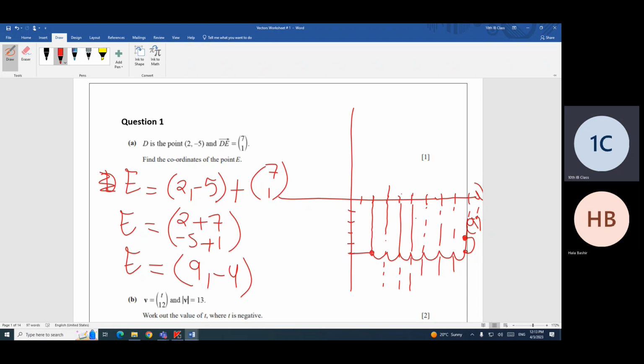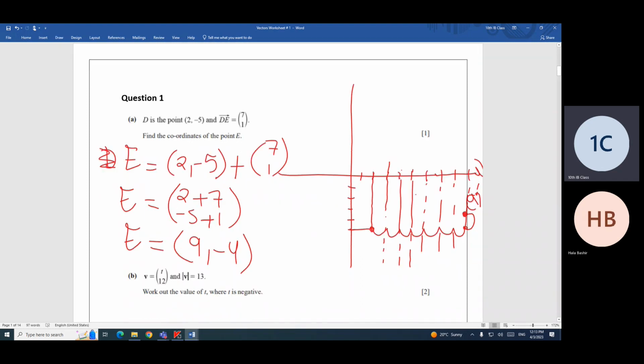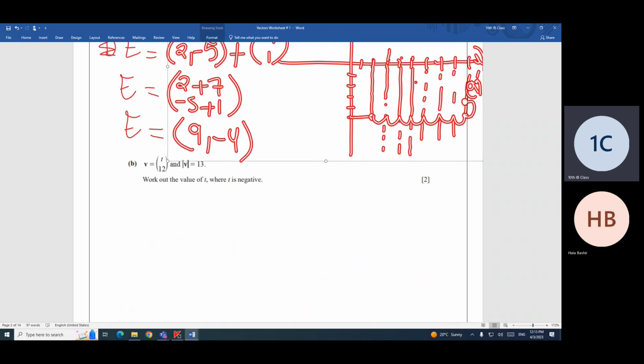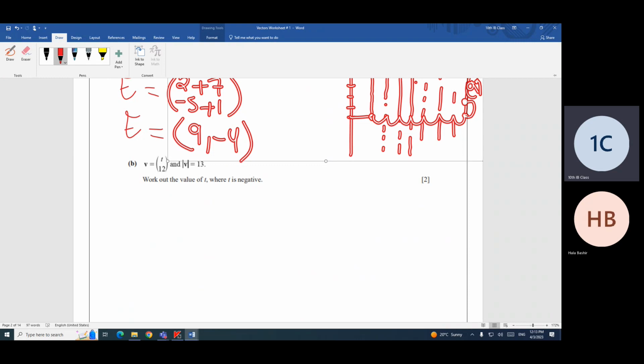Okay great. So if you go to the second part, we said that any vector is represented by a column vector and it has a magnitude. It's a length. Now, imagine this drawing. It's very good that we drew this one, but I want you to imagine.